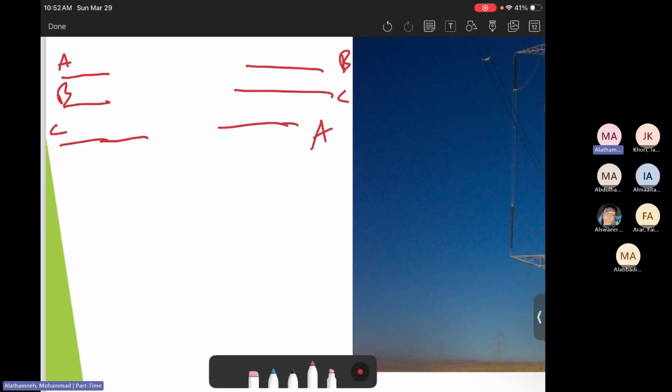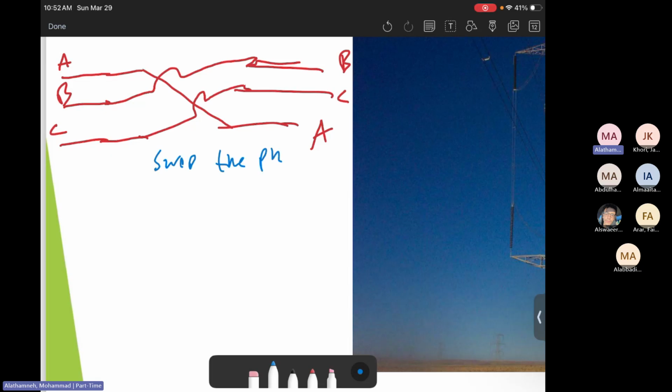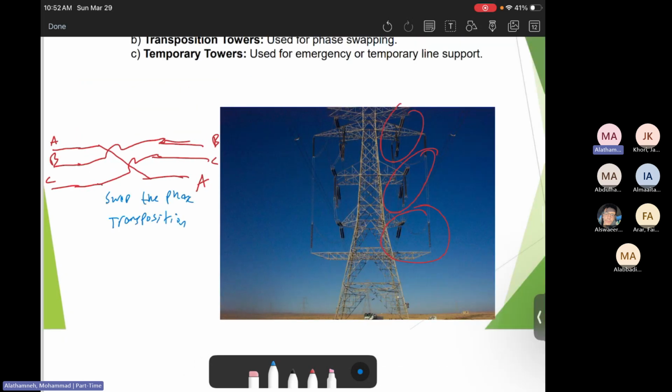This is the transposition. So basically, A goes this way, B goes up, C goes up. So we swap the phases, or in other words, we call it transposition. So how can we swap those?